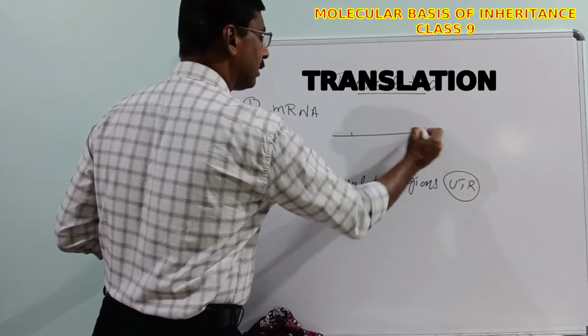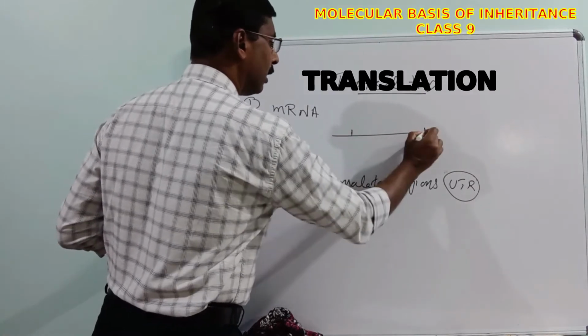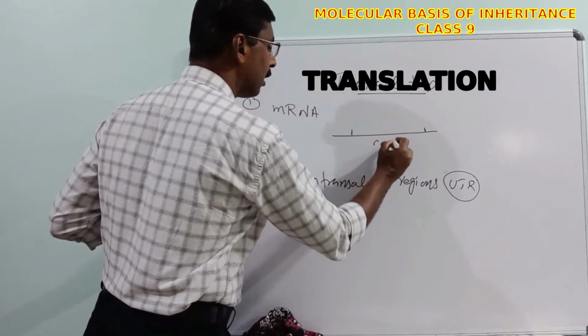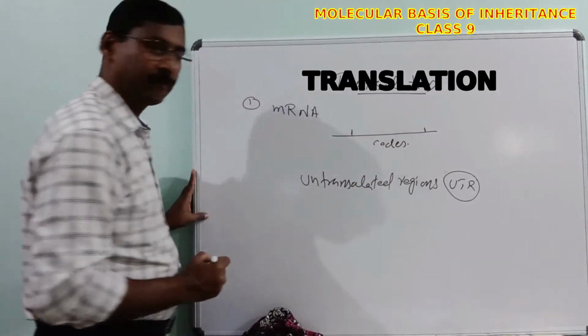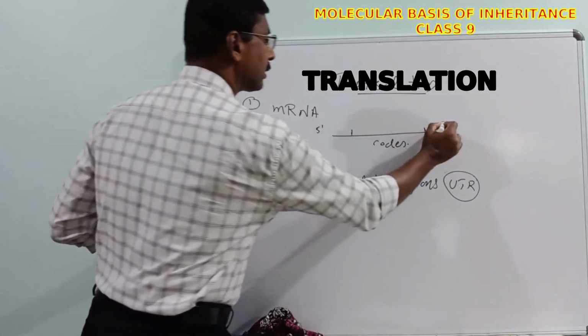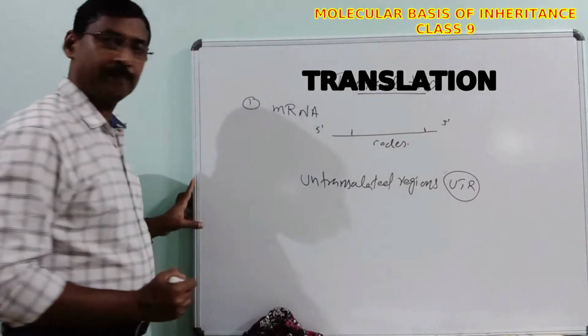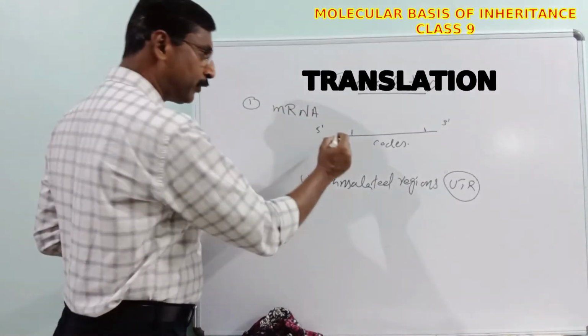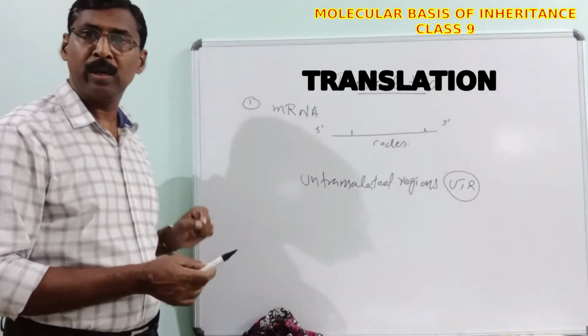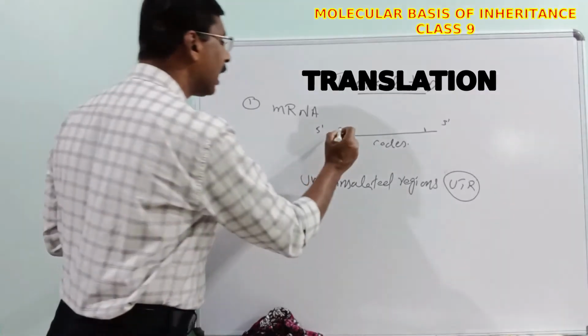And this is the part of the messenger RNA where genetic codes are present. This is the 5' end and this is the 3' end. At the 5' end, there is a cap. Methyl guanosine triphosphate cap is there.